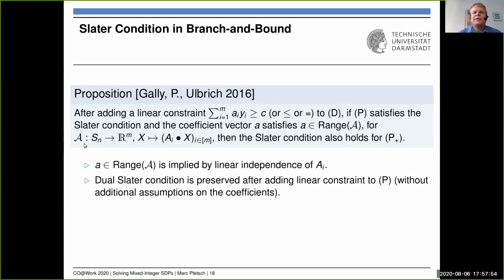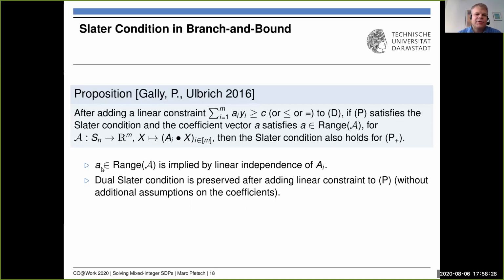So the linear operator maps from the symmetric n times n matrices to R^m, and it maps the matrix X to the m inner products A_i times X. So this gives a linear operator, and if a is in the range of this linear operator, then Slater's condition also holds for the new primal, the dual of the problem D plus that we get here.